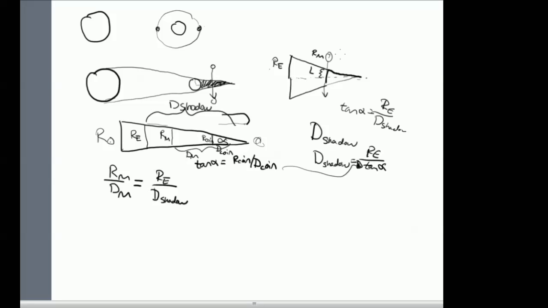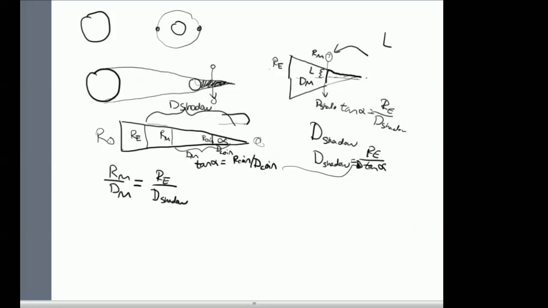Now we have to use some extra information, which is this L, I'll call this over here. Well, I won't call it D, because we can write it in terms of other stuff that we care about. So up until that point is d moon, and the entire thing is d shadow.